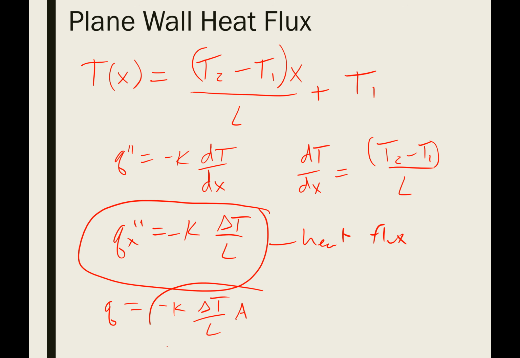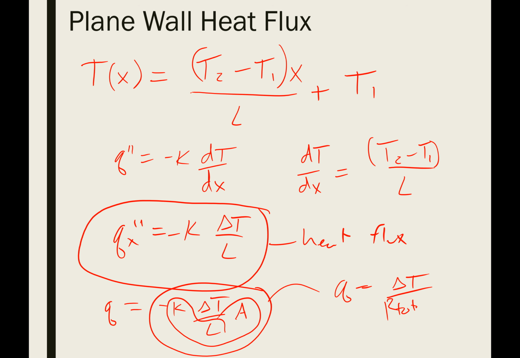So to put this into that form, where Q is equal to delta T over the total thermal resistance, you can see that to make these equations equal, our thermal resistance is going to have these terms. So our R total, the total thermal resistance for heat flow through a plane wall, is going to be L divided by k times A.